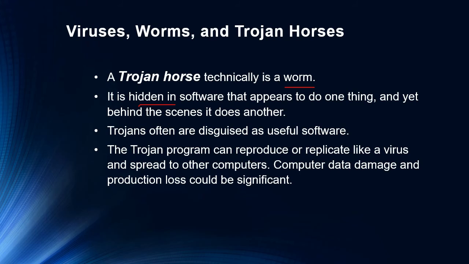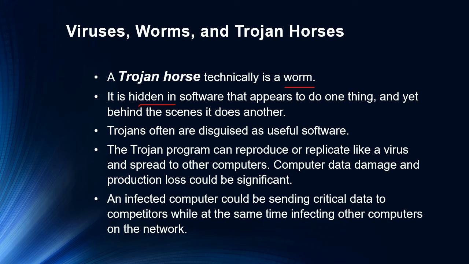The Trojan program can reproduce and replicate like a virus and spread to other computers. Computer data damage and production loss could be significant. An infected computer could be sending critical data to competitors while at the same time infecting other computers on the network.